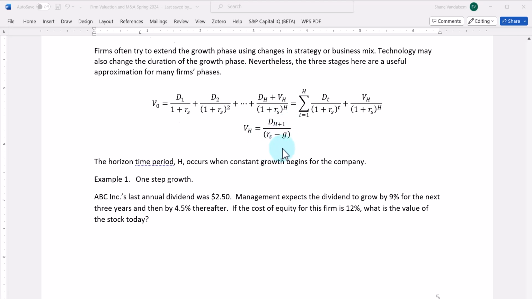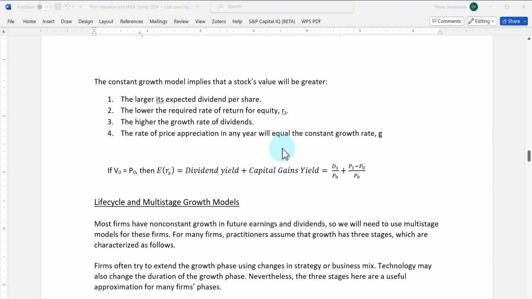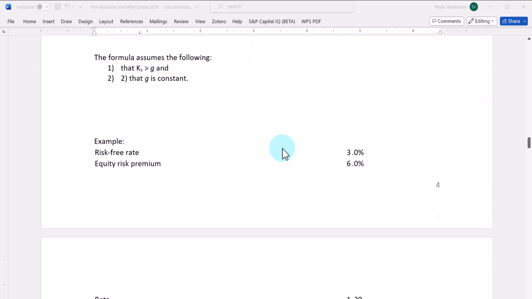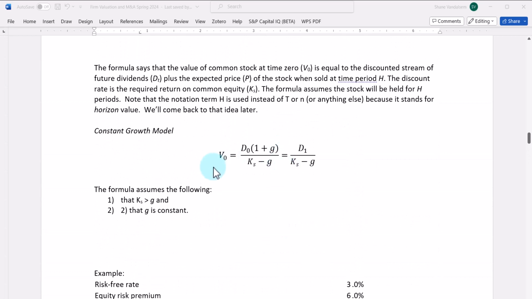I'm going to scroll up for a minute to show you where this comes from. If you remember the constant growth model, this is the same, and these should be R's. Let me fix that really quick.